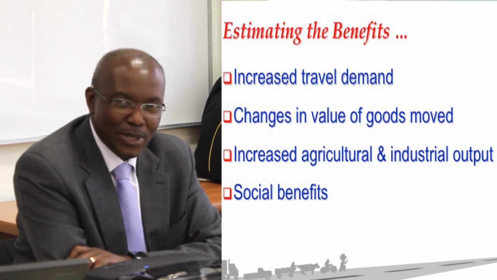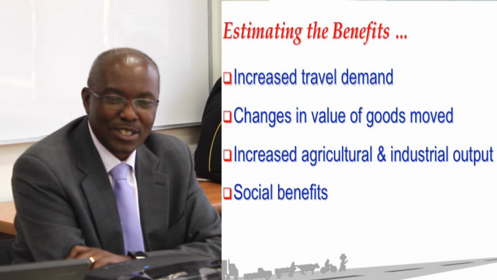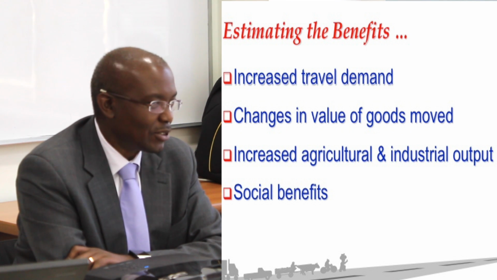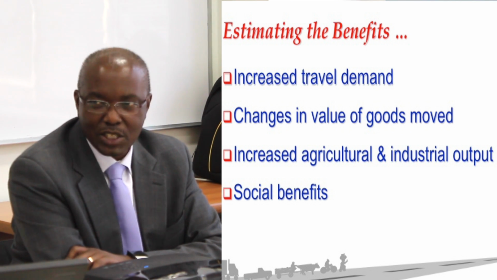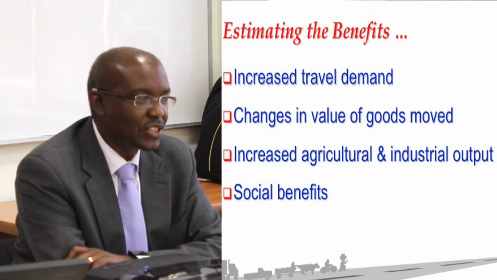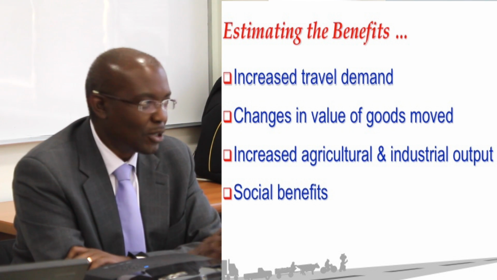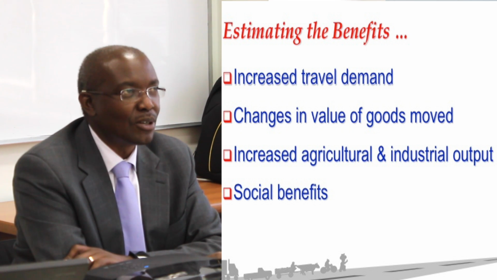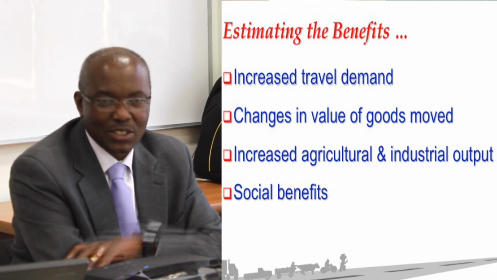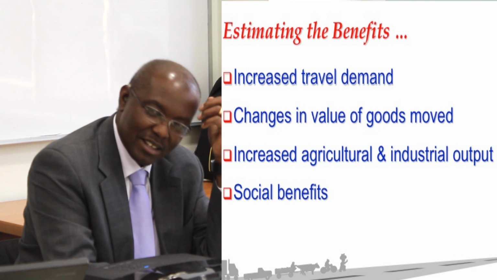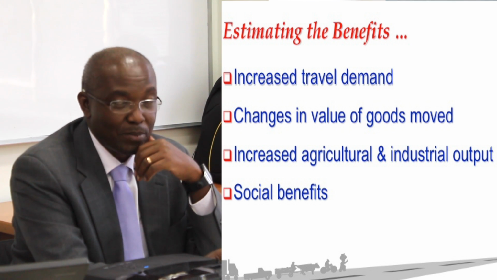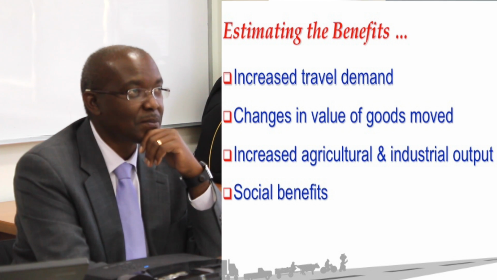Okay, say it would be a stupid example, just to give you the concept. Because A, it takes too long at the moment to travel on the road, and B, the road is in such poor condition that if you have fragile equipment, you wouldn't really want to risk using the road. Okay? So with an improved road, you probably get higher value goods being moved. So that is also a change in the benefits, and that is also derived benefits or generated benefits.